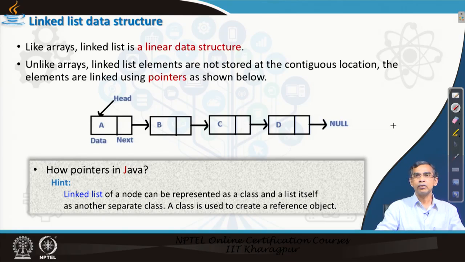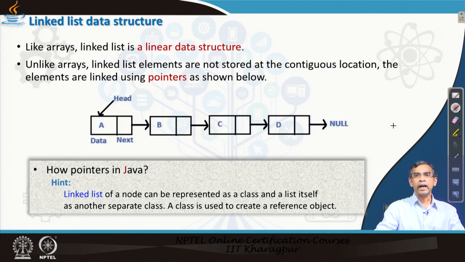This is not a good way to solve the problem. But using Java, and particularly the generic concept that we learned at the very beginning of this course, we can have only one implementation. The same program can take care of any type of data. This is a very good point that Java programming provides.